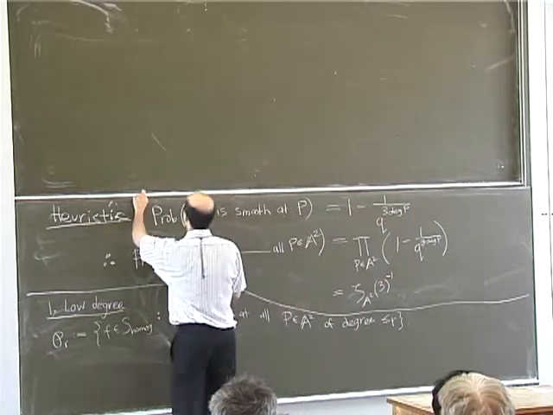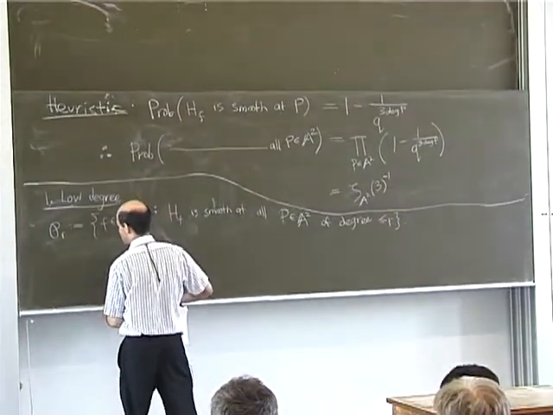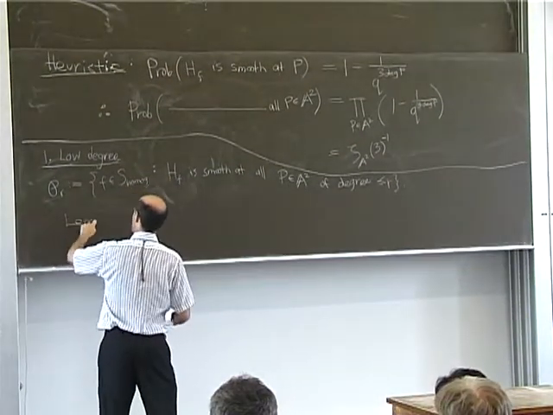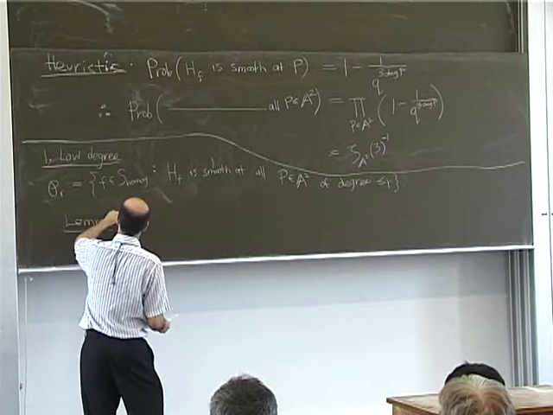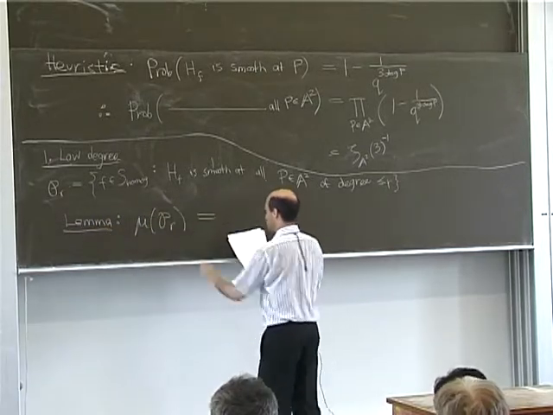What I want to claim about this set is that its density is what the heuristic predicts.